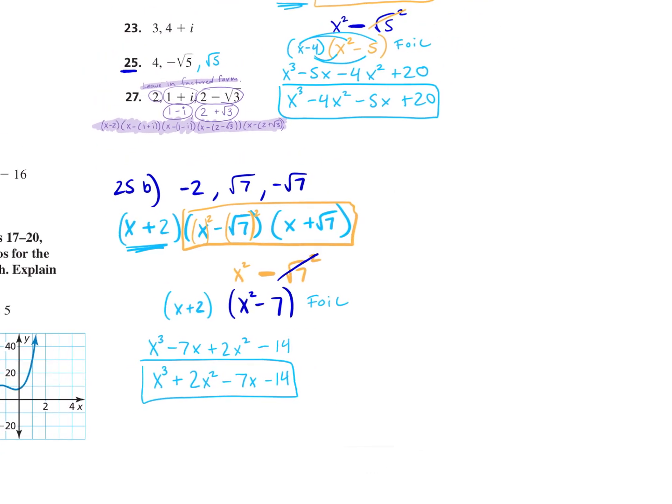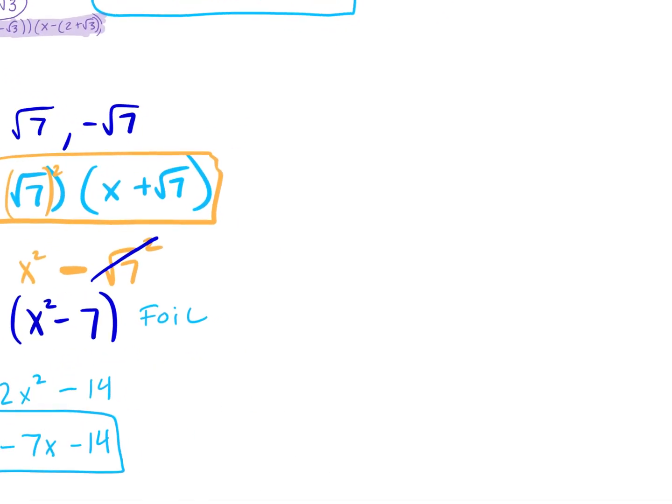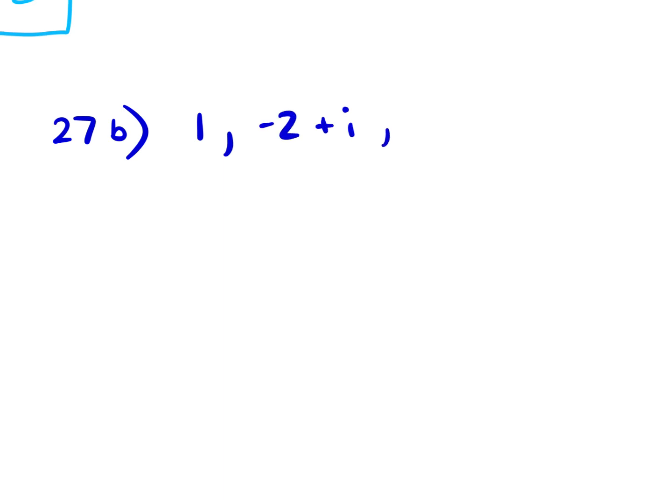All right, I want to do one more that's kind of like 27. So I'm just going to make up numbers that are similar to 27. So I'll call it 27b. So let's say I was given the zeros as 1, -2 plus i, and 4 minus square root 2.